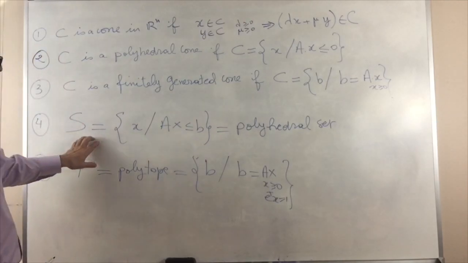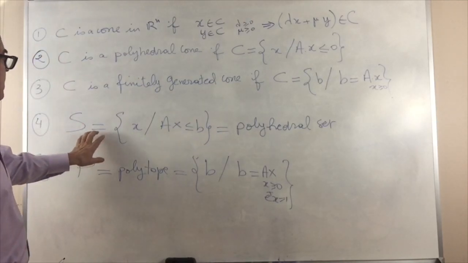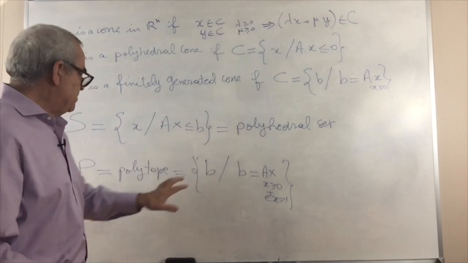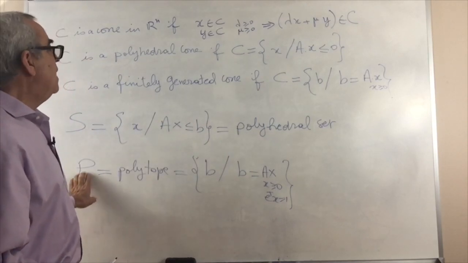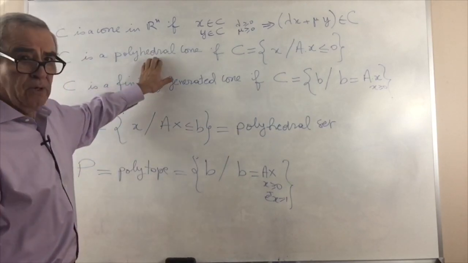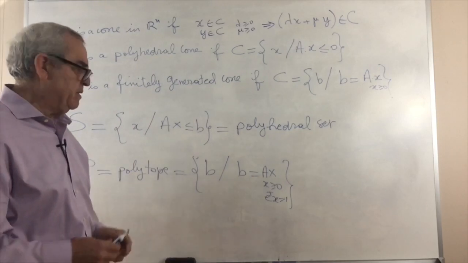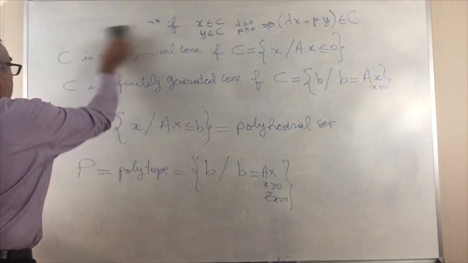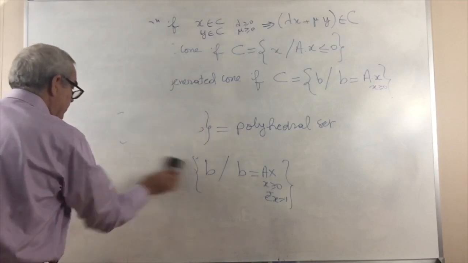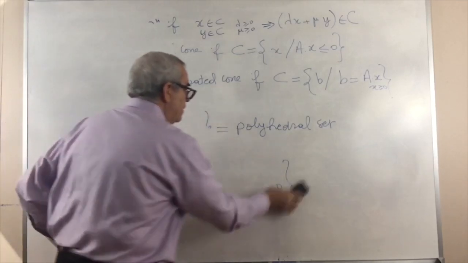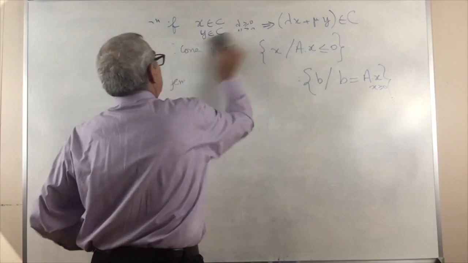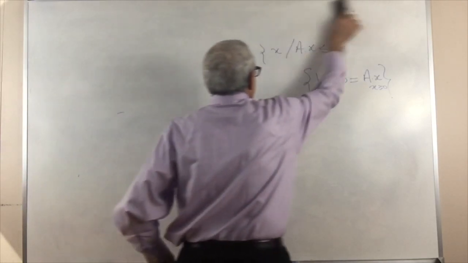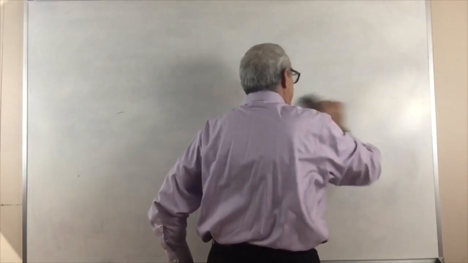So in the decomposition theorem, we're going to prove that any polyhedral set is the sum of a polytope and a polyhedral cone. That's what the decomposition theorem is. So let's now state the fundamental theorem of linear inequalities. And we're going to use the phase 1 of the simplex algorithm to prove it.